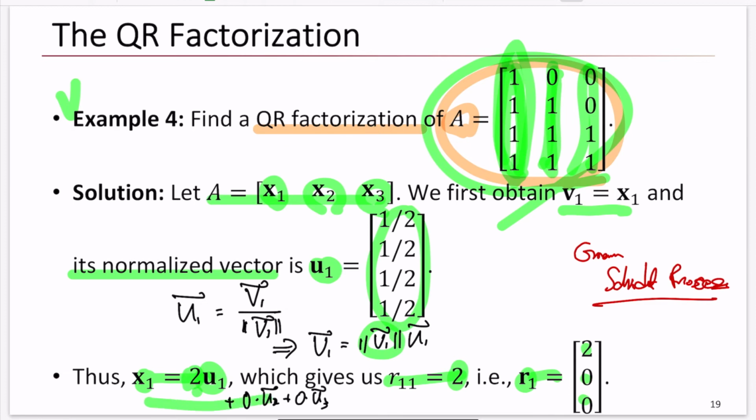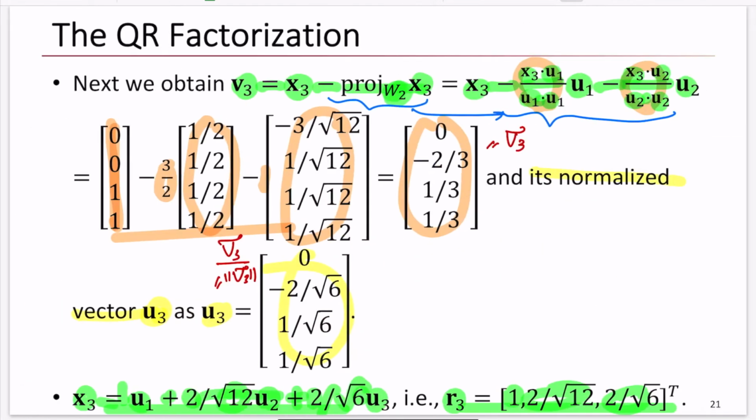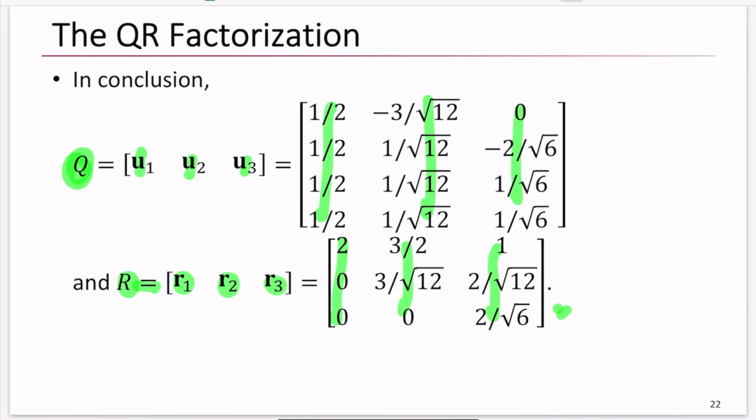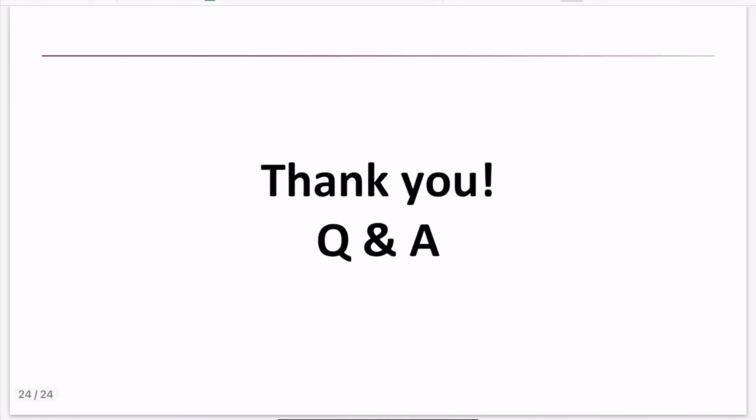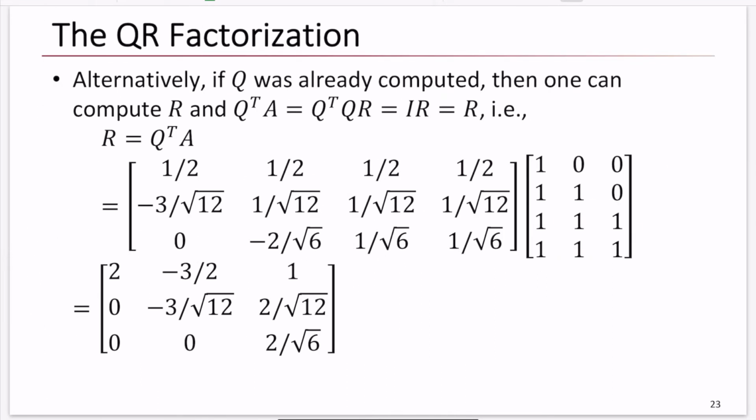Because we have to consider this one and this one and this one, right? Fortunately, we have a very simple way to find the QR factorization. So this is the last slide. In the last slide, we will see a very efficient way to find matrices Q and R.